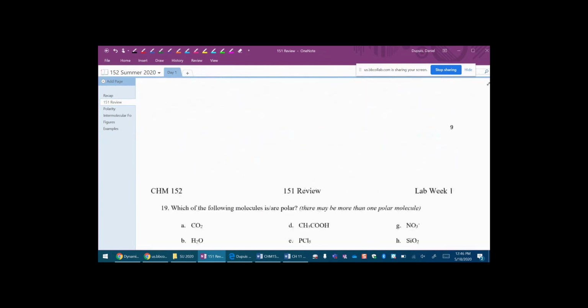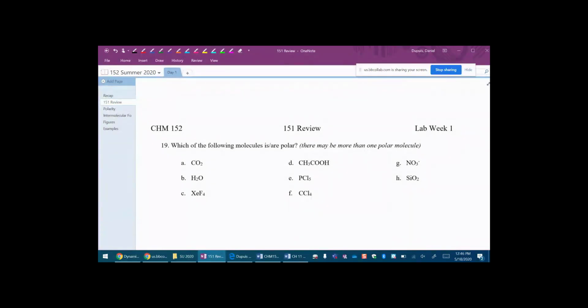All right, let's see here. Which of these are polar? So this is important for our first chapter, because chapter 11, intermolecular forces, we need to know if molecules are polar or not. All right, and so we're going to review polarity tomorrow. I will tell you that B is polar, T is polar, and SiO2 is polar.